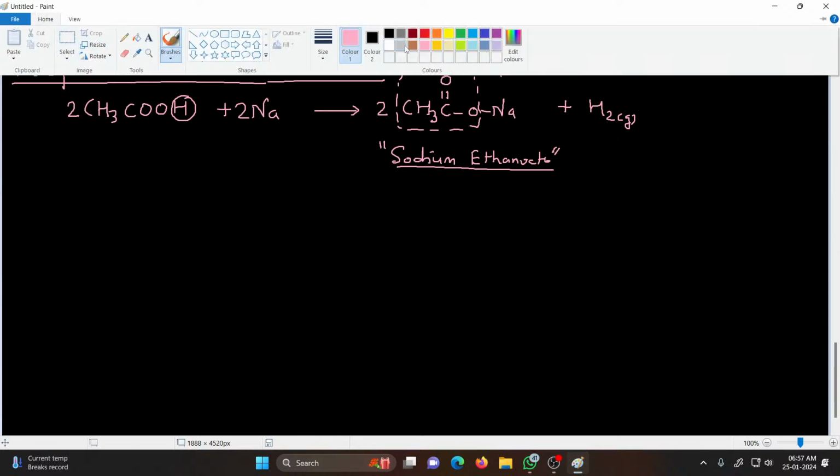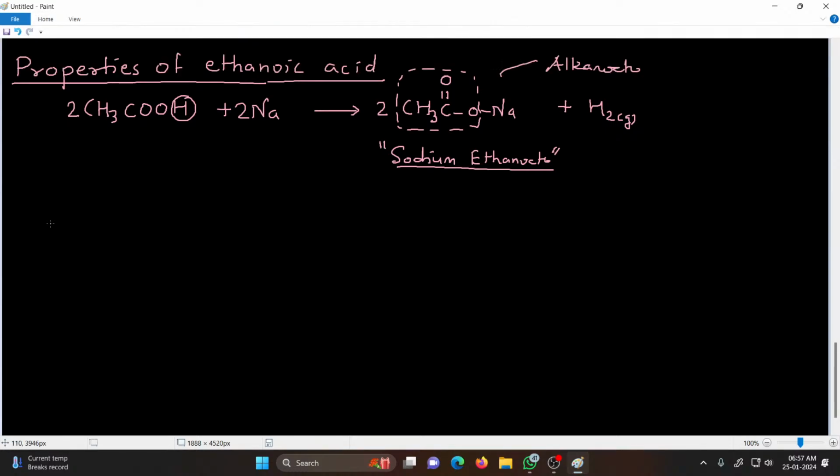Now there is one more reaction in which alcohol and acid combine to give a sweet smelling substance called ester.